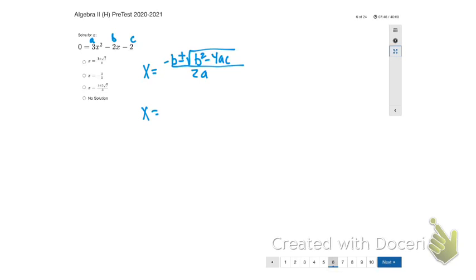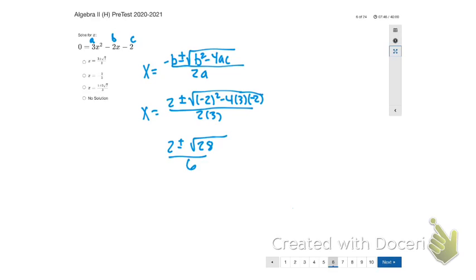So this would be x equals 2 plus or minus the square root of negative 2 squared minus 4 times 3 times negative 2, all over 2 times 3. So this is 2 plus or minus the square root of 4 plus 24, so 28.